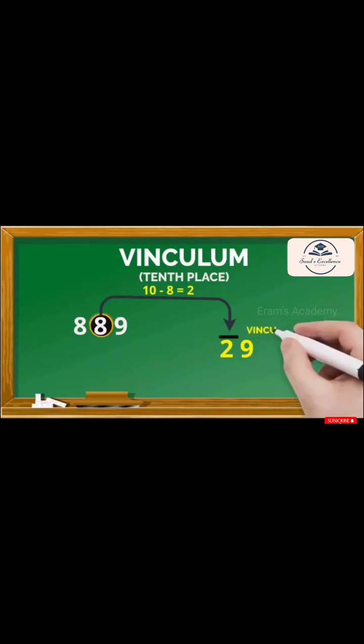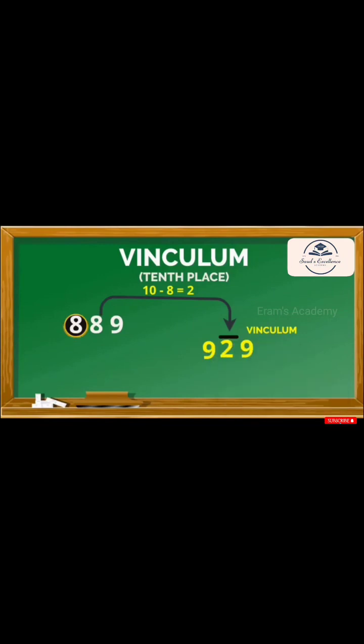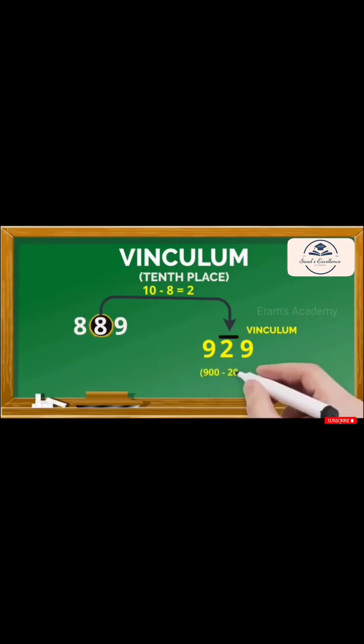We put a bar above 2, which denotes vinculum. Then we take the 100's digit's consecutive number, so 8's consecutive number is 9, we write 9. So this means 900 minus 20 plus 9, which is equal to 889.